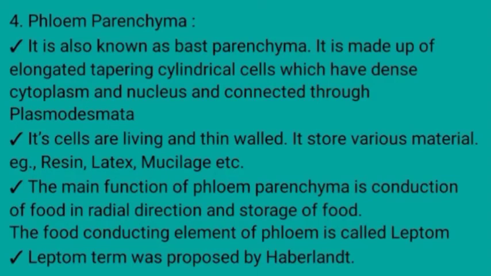It stores various materials, for example resin, latex, mucilage, etc. The main function of phloem parenchyma is conduction of food material in radial direction and storage of food. The food conducting element of phloem is called leptome. Leptome term was proposed by the scientist Haberlandt.